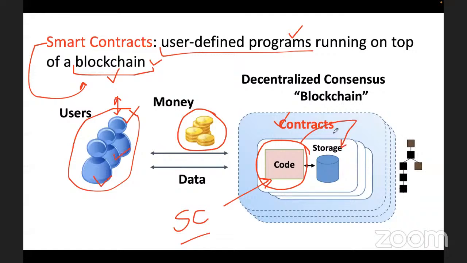In order to store it, every individual user of any application has a copy of this particular code, and we need to store it on the blockchain because it is going to be a distributed ledger. So this is a very simple and abstract definition of smart contract.